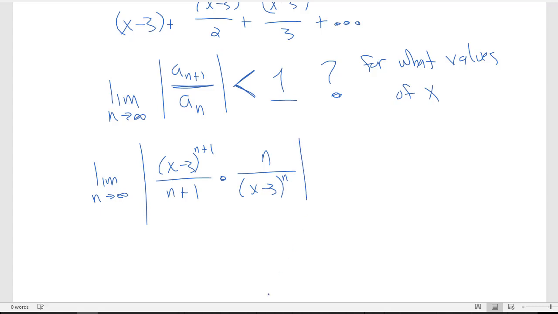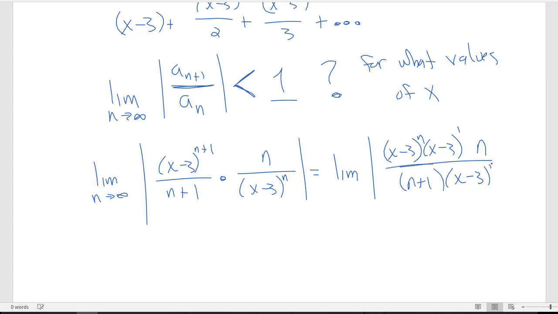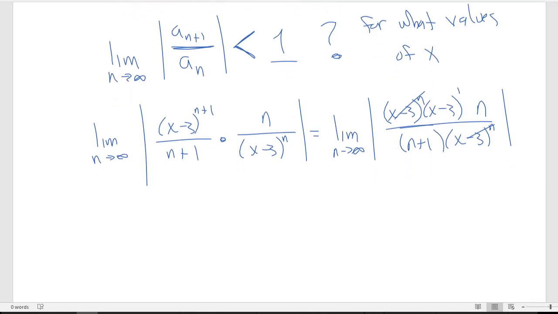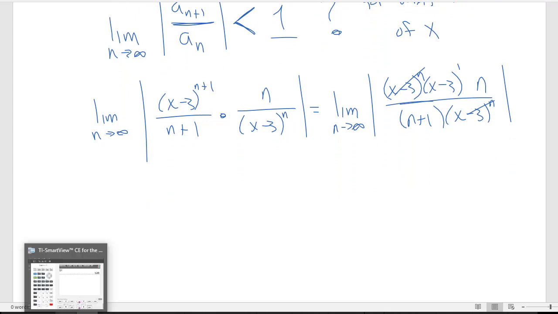Now, all the exponential terms clean up really nicely. Notice I have no factorials here, but I have these exponential terms. So I'm going to split this: x minus 3 to the n, and then x minus 3 to the 1, and then I have the n over n plus 1, and the x minus 3 to the n. The nice thing about the ratio test is the factorials and the exponential expressions clean up very nicely. So what do I have left?